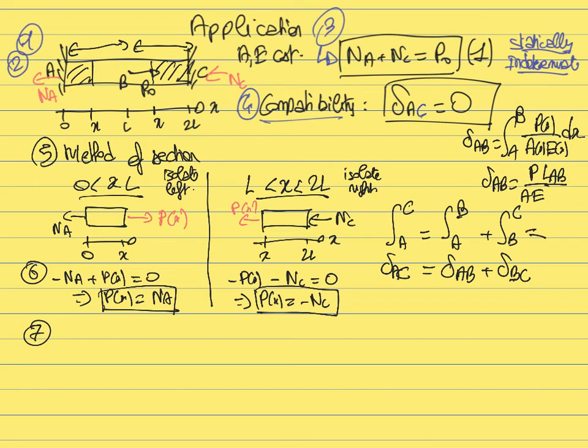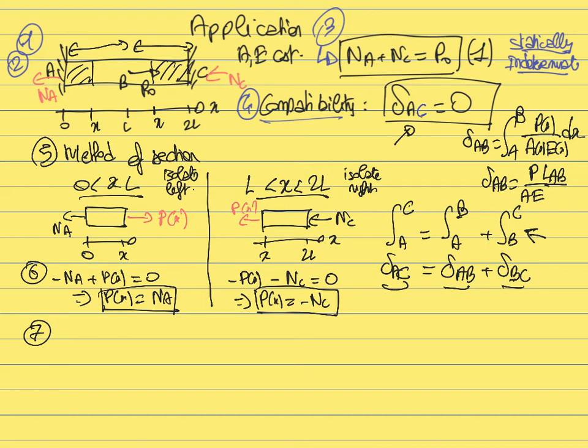Another way of saying that is that the integral is an additive operation. So if we want to calculate the total elongation between a and c, which is what we have in the compatibility equation, we can calculate first the elongation between a and b, and then the elongation between b and c.